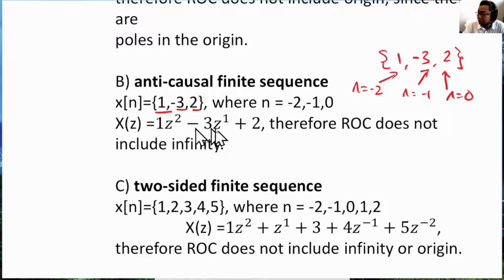Now, this is already positive powers, so what can we say? Well, the ROC is everywhere except infinity. If you put infinity here, it's infinity minus infinity plus 2. So the ROC is the entire z-plane except infinity.